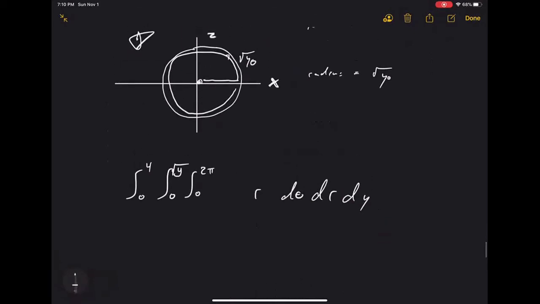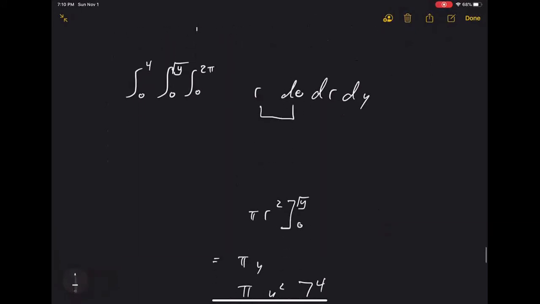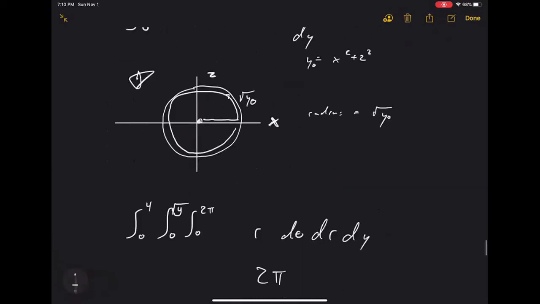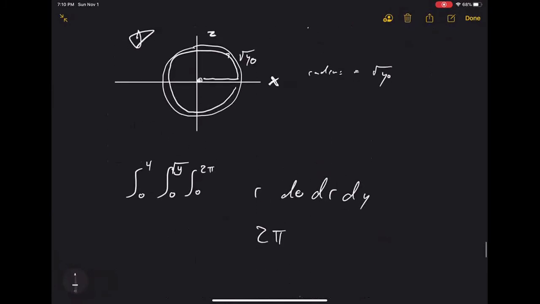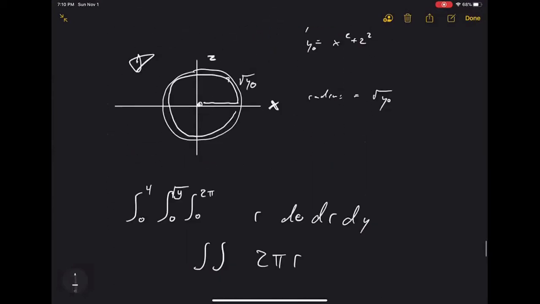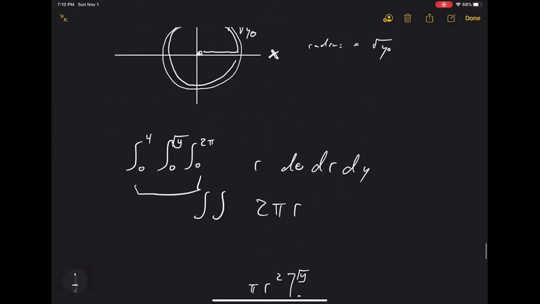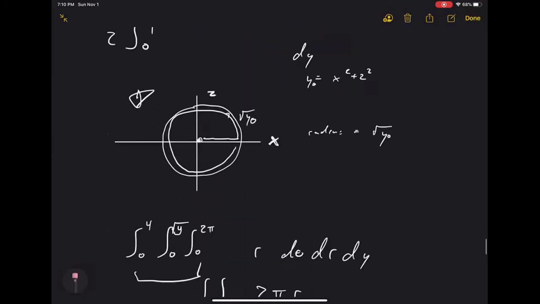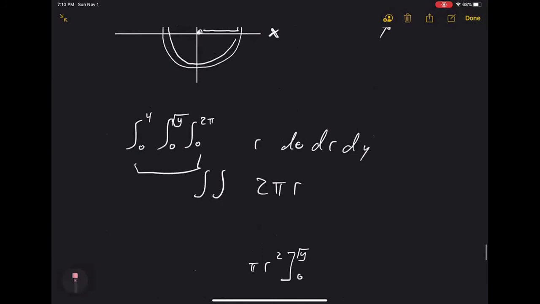So we just integrate this to find our volume. Okay, so I'm integrating in terms of theta first, right? So that just becomes 2 pi times r, right? And remember, I've set up this integral just to find the area of this blue region, and then we're multiplying by 2 to find our total volume.